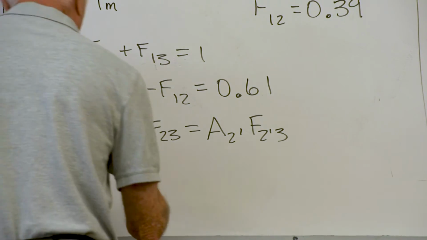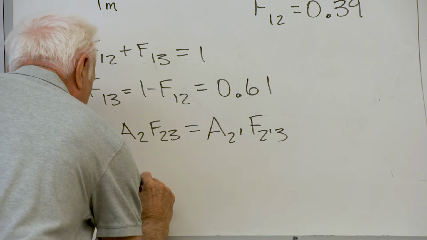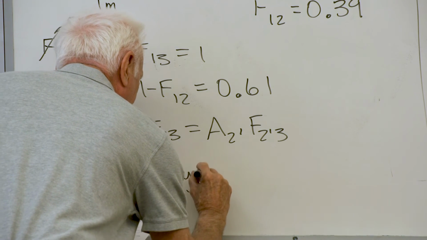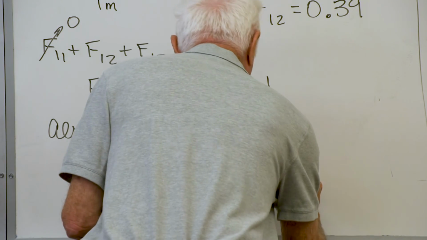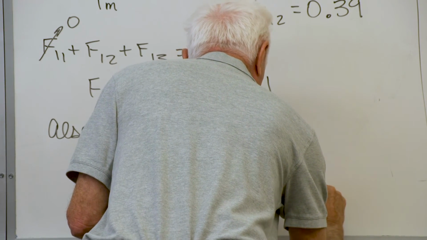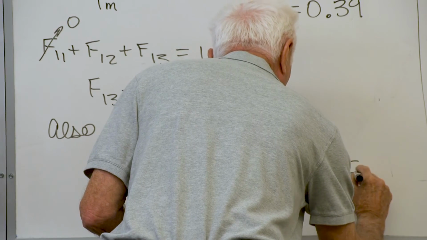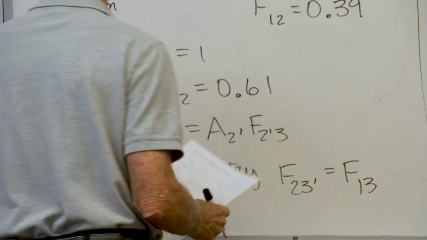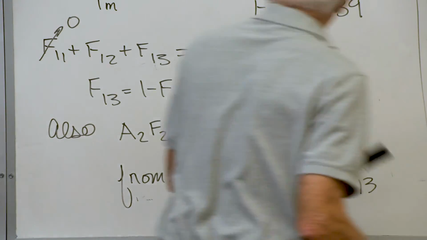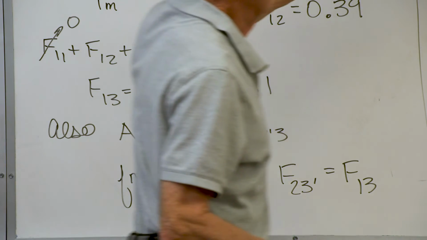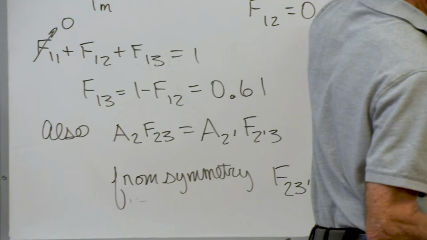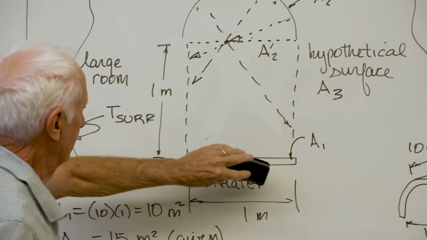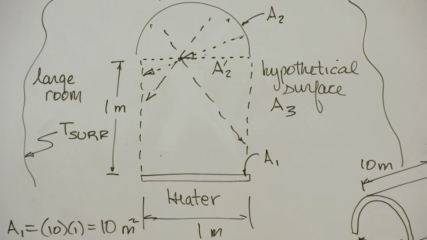So, from symmetry, F2 prime 3 equals F1 3. They call it 3 prime, I call it A3.